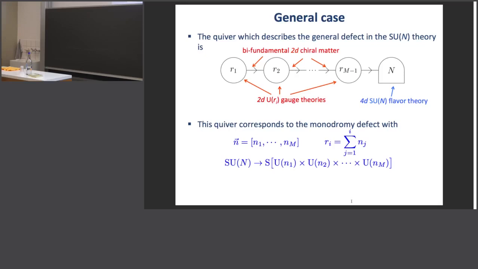All this linear chain is coupled to the SU(N) node, which serves as a flavor for this, but it also has its own four-dimensional quantum dynamics. And this corresponds to a monodromy defect in which the parameters n1 and n2, which give rise to this Levi decomposition, are associated to the ranks with specific rules encoded in this formula.